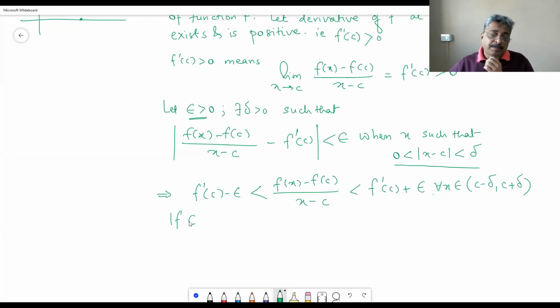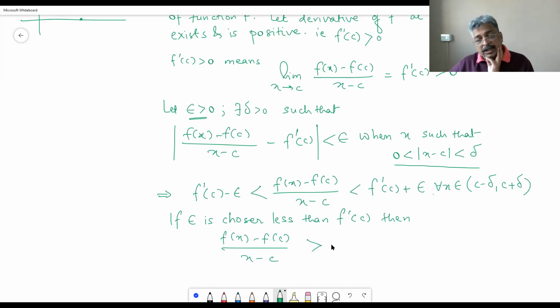If epsilon is chosen less than f dash of c, then f of x minus f of c upon x minus c is going to be greater than 0 for every x belonging to c minus delta to c plus delta.